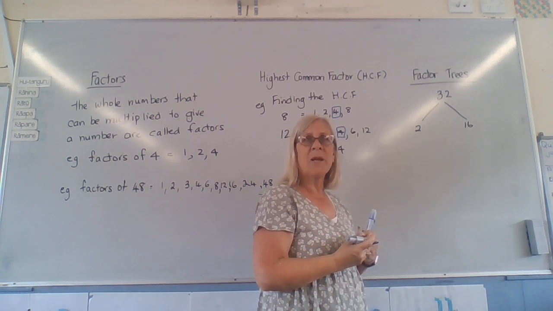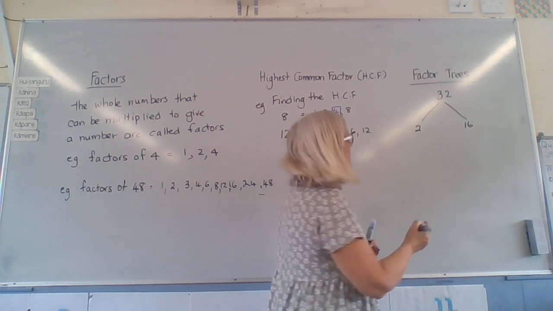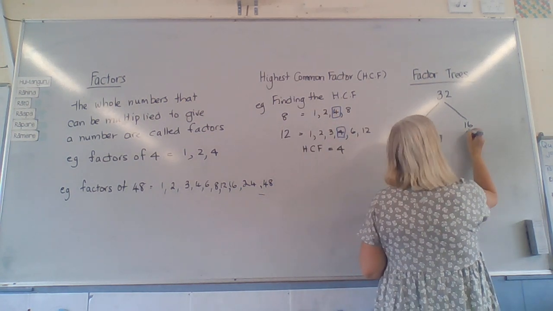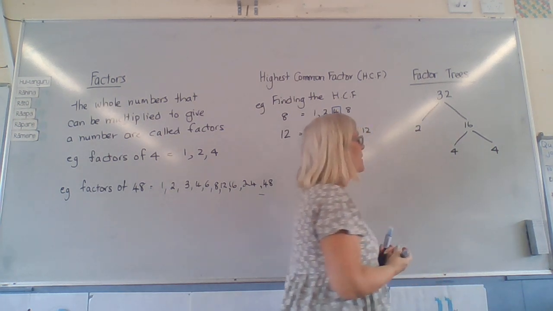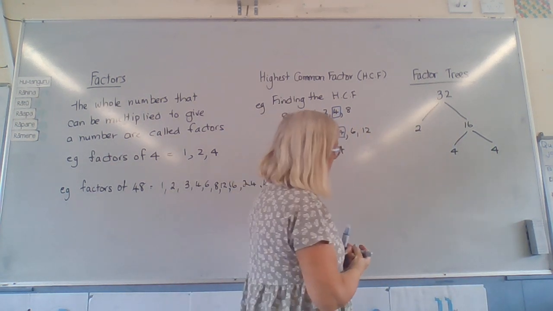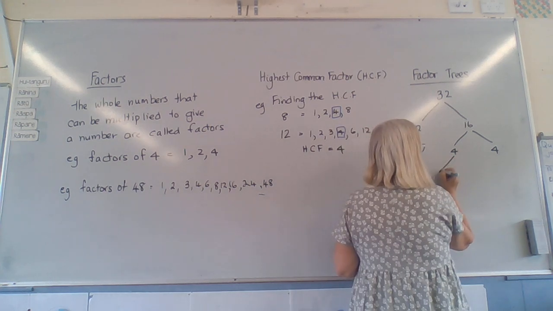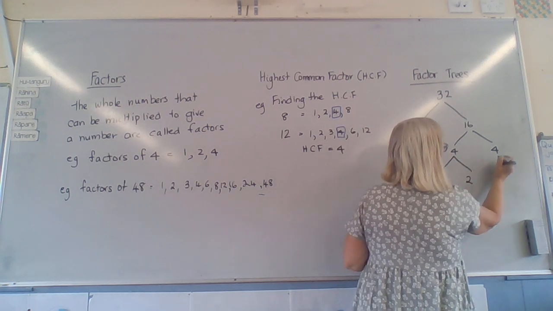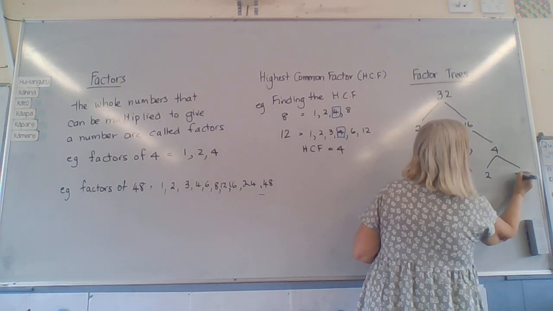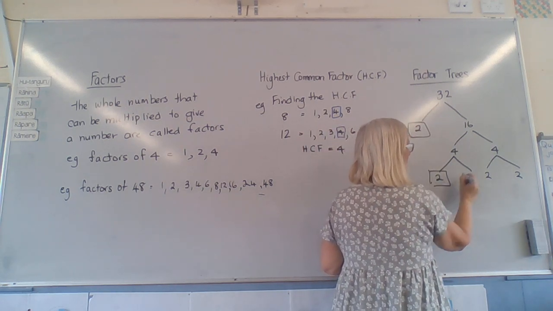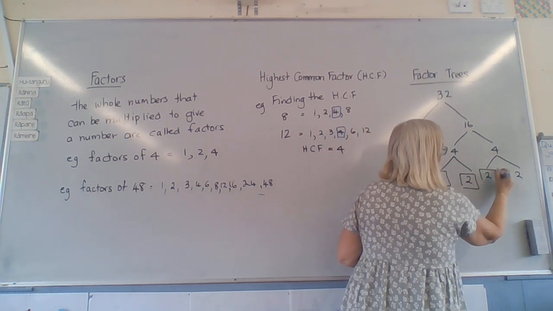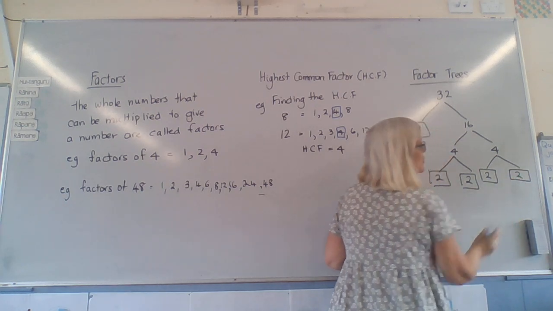You'll end up at the same place no matter what decision you make here. So with 16, I'm going to do 4 times 4. All right. Now, I know 1s, so for 4, I'm going to do 2, and 2, and 2, and 2. These numbers here are all prime numbers. In fact, they're all 2.